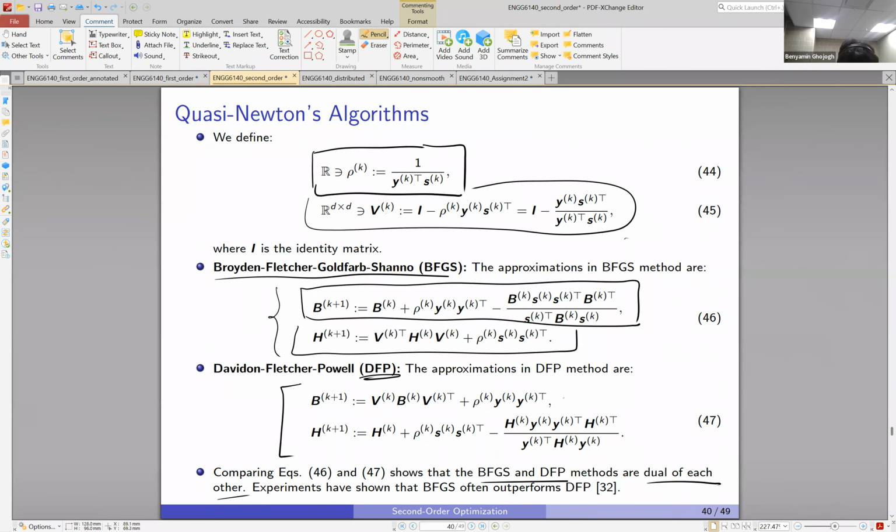Why? Because B in DFP is very similar to H in BFGS, and H in DFP is very similar to B in BFGS. That's why they are duals of each other. And experiments have shown, according to paper 32, that BFGS often outperforms DFP.